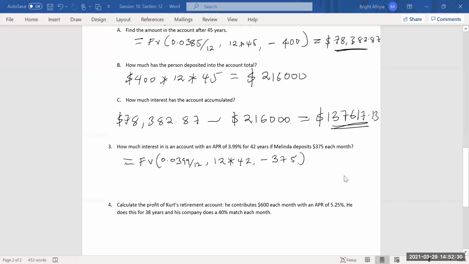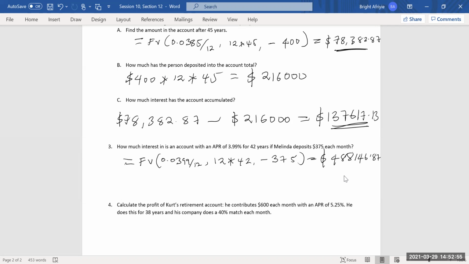Okay, now let's go back and do the subtraction to find the interest. So now this is giving us 488,146.87 as the balance in the account at the end of the 42 years.